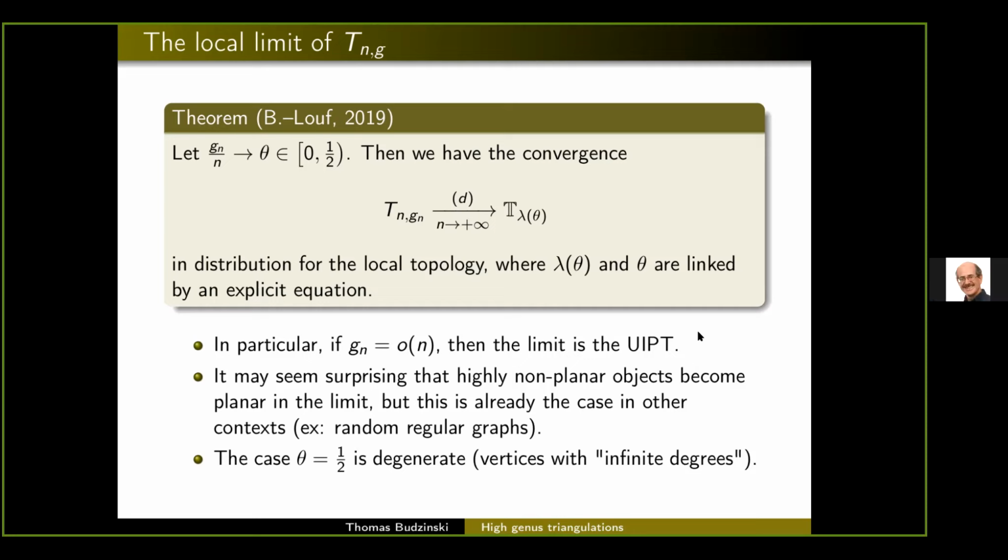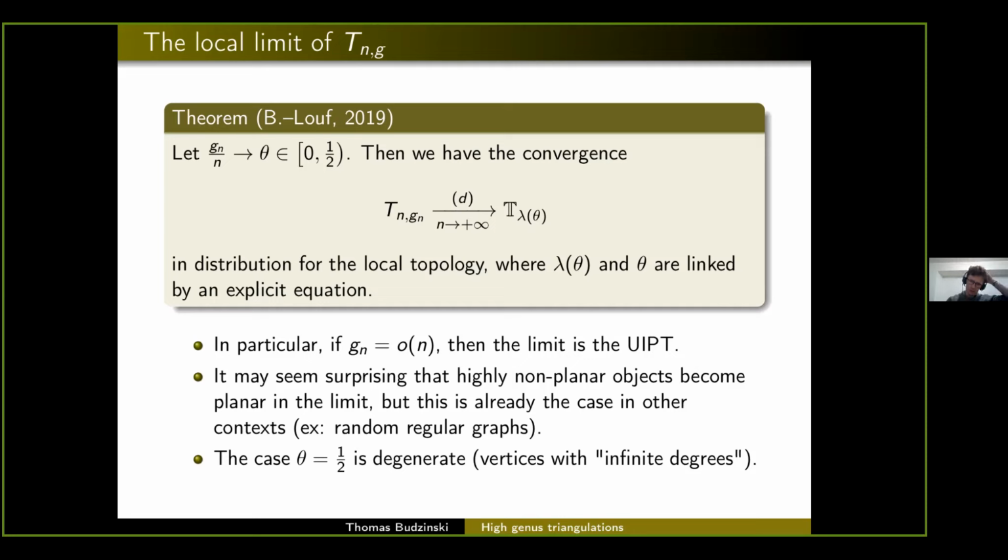I'm a little surprised at the parameter theta getting to be as big as a half, because I thought that the simplest triangulation of a surface of genus G was as a 4n-gon, with appropriate edge identifications, which would give you theta equals a quarter.